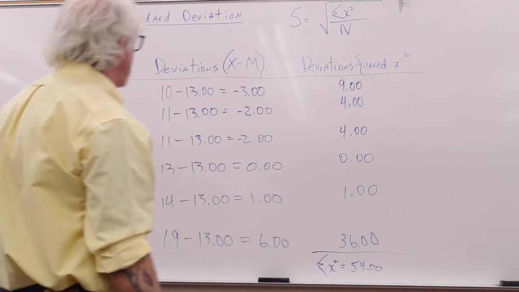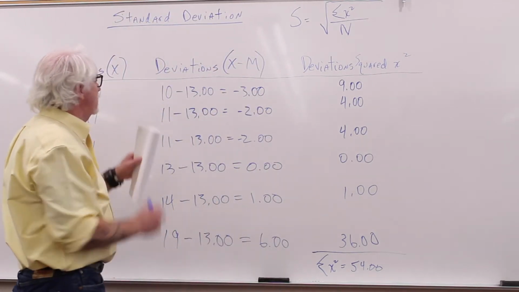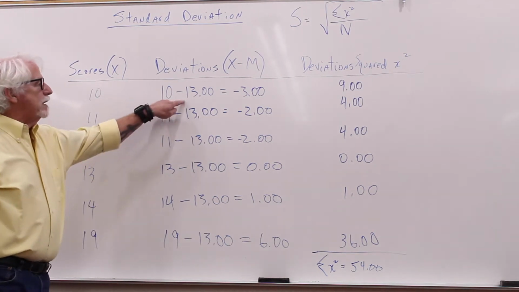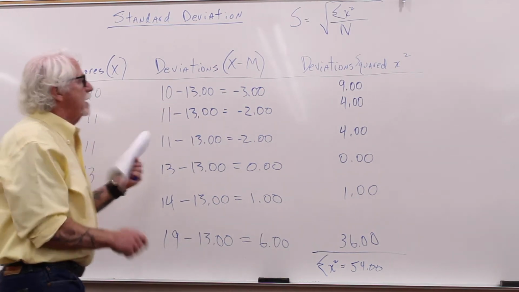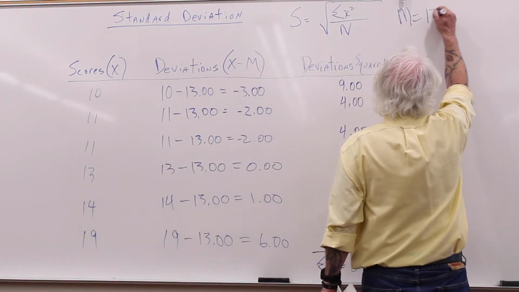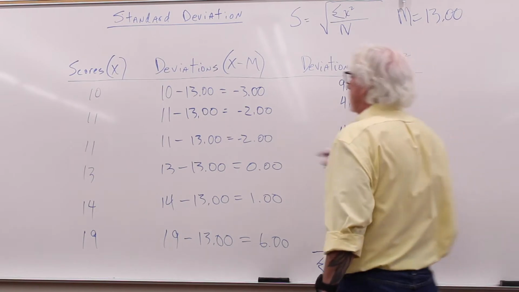Basically this is telling us the deviation between the score and the mean. In this case, we're only going to give you the mean. Here the mean is equal to 13.00.